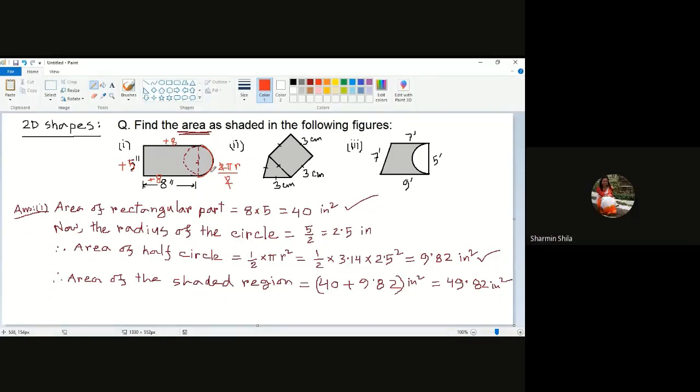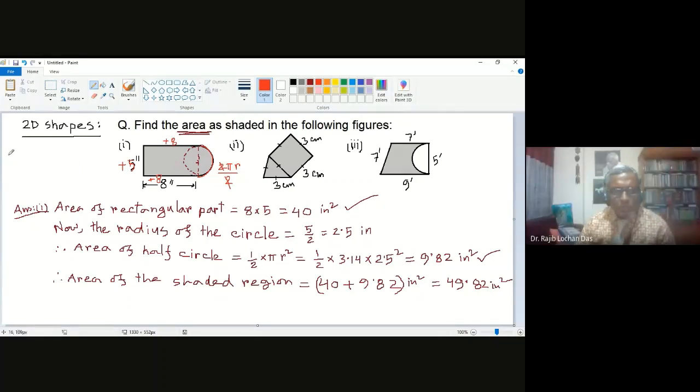Do you understand or not? For the first question, perimeter is not written in the question, but if I give the question like that, then you will say perimeter is 8 plus 5 plus 8 plus pi into r.